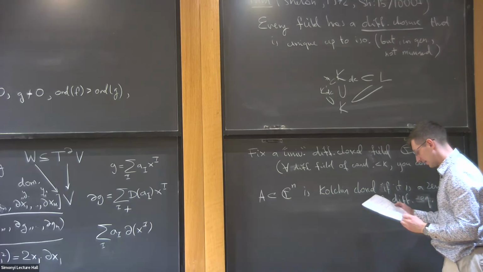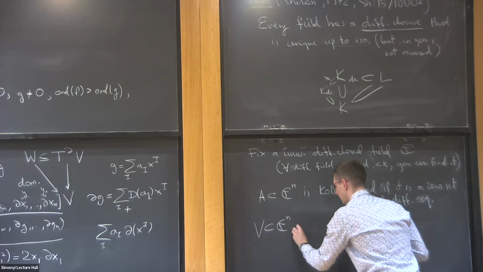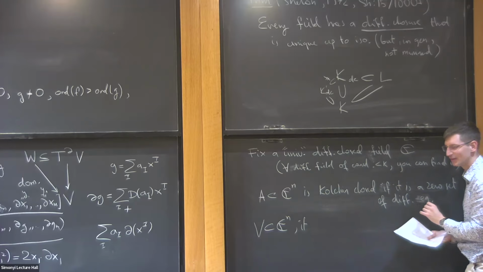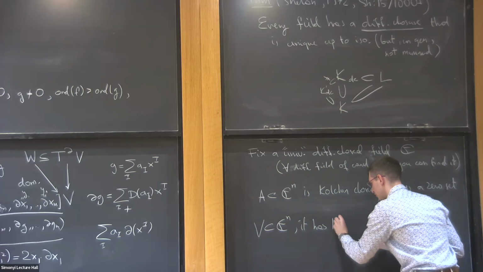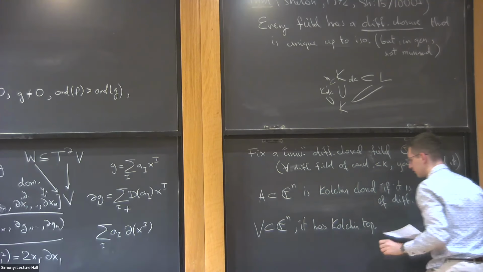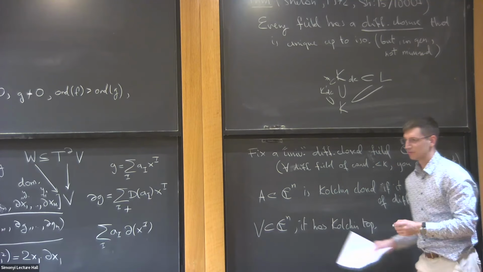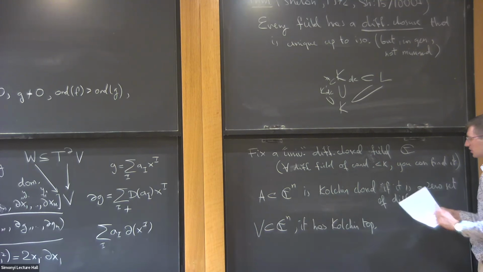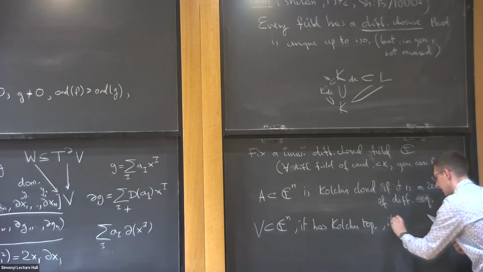And then if I have a variety V, I mean now a Kolchin variety, so it's a Kolchin closed subset, and it has a Kolchin topology, where Kolchin closed sets are intersections of Kolchin closed sets with V. So one can relativize the Zariski picture to this differential setup, and it is Noetherian.